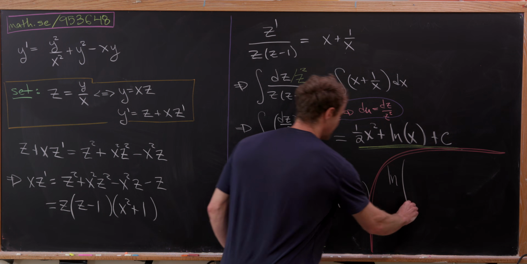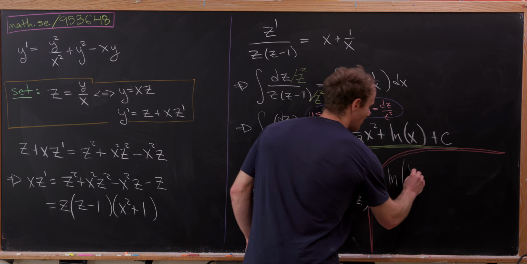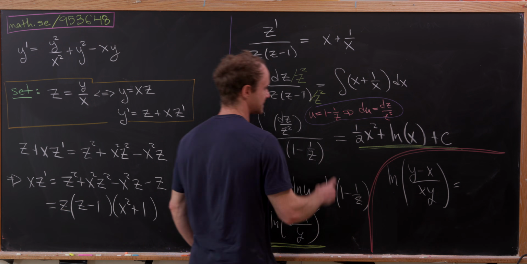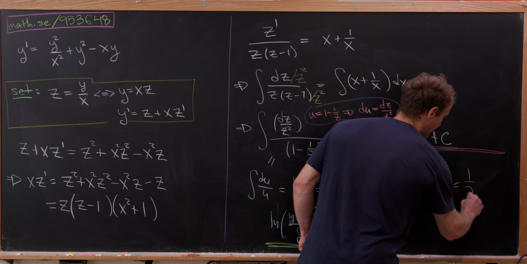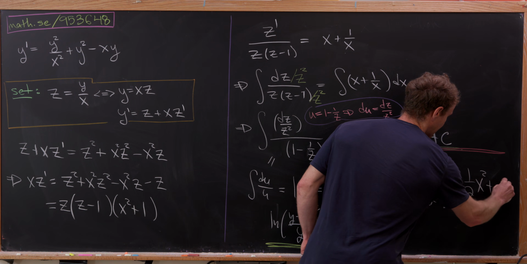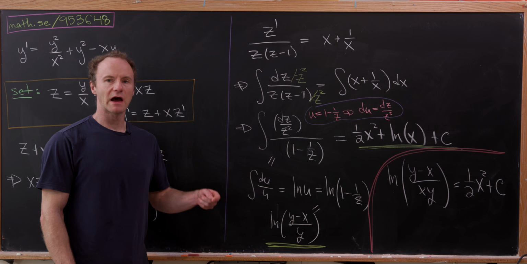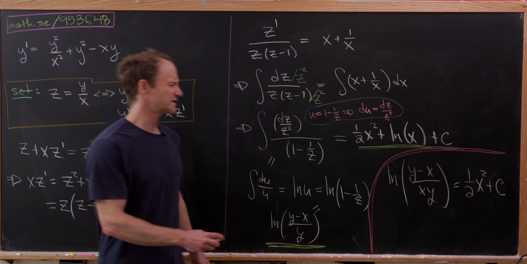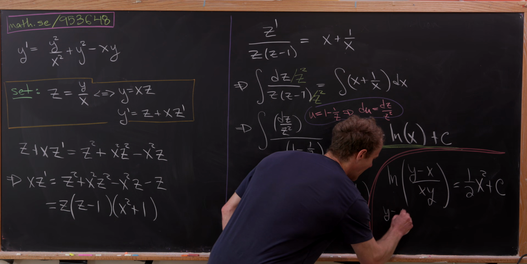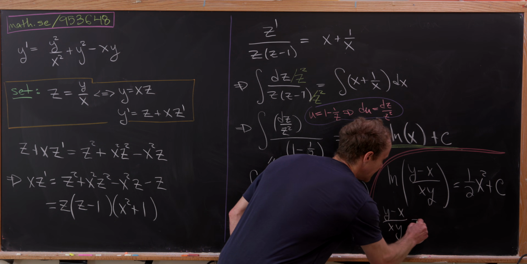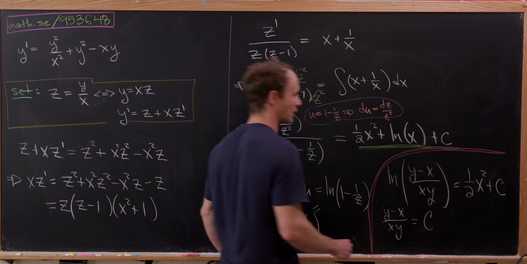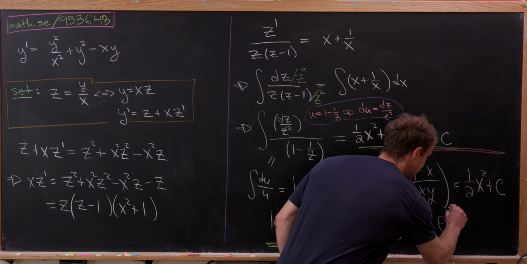So that gives me the natural log of y minus x over xy equals, let's see, half x squared plus our constant. But now, of course, we can exponentiate both sides and end up with something like y minus x over xy equals a new constant, which is really the exponential of the old constant, times e to the x squared over 2.